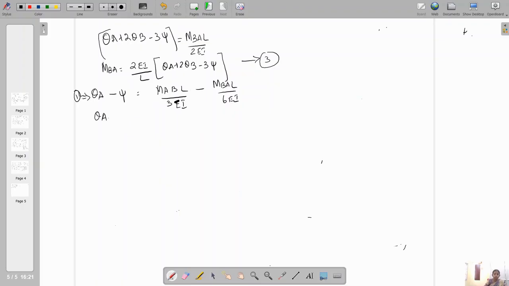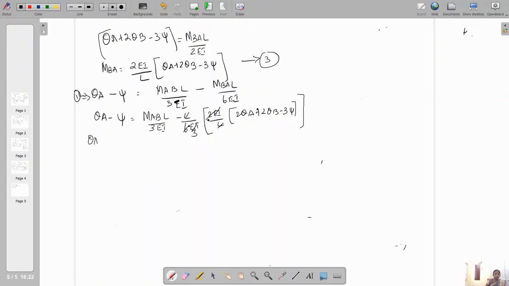So theta A minus psi equal to MAB L by 3EI minus L by 6EI into 2EI by L, theta A plus 2 theta B minus 3 psi. So cancel the common terms. We will get like this.